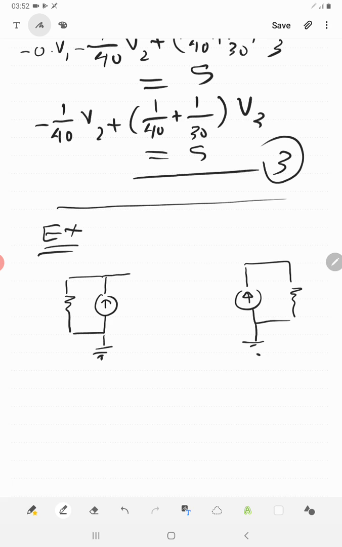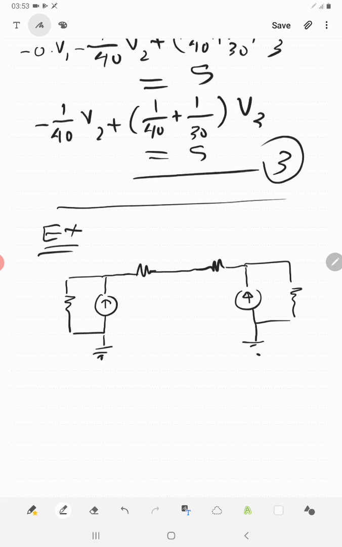between these two we can say we have only one resistor. Okay, one resistor here. Okay, let's have one resistor here connected here.